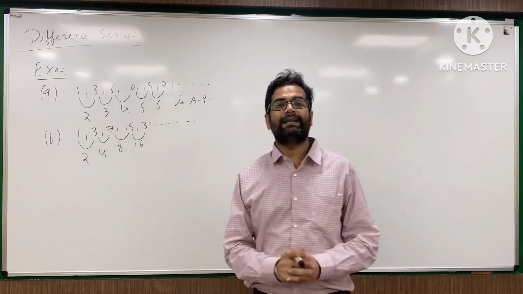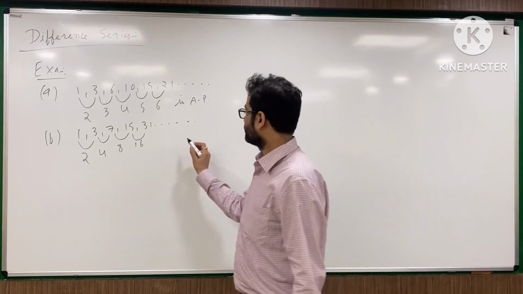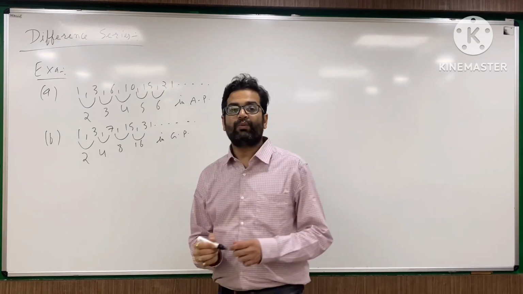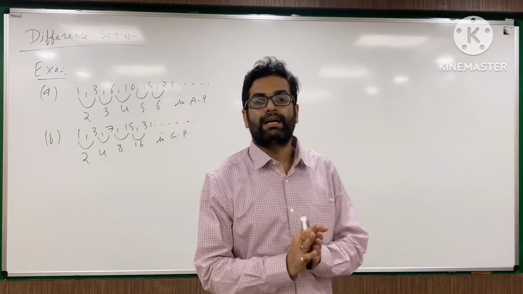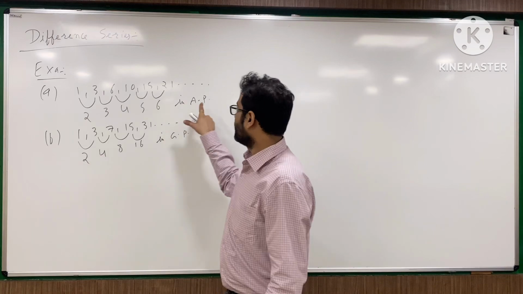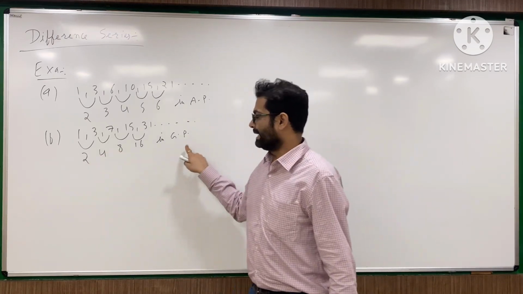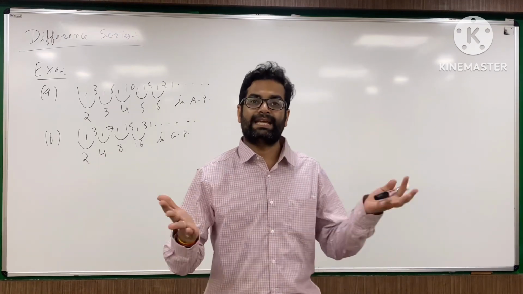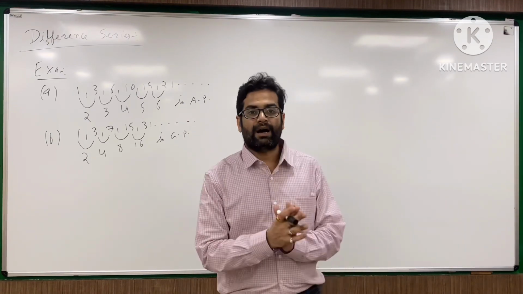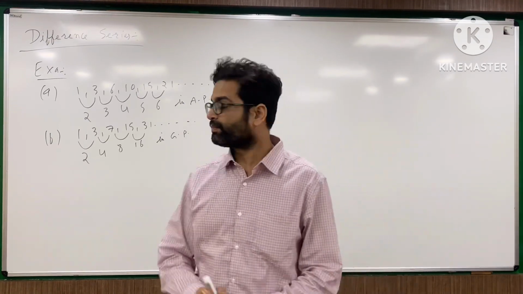These terms are in geometric progression, in GP. So we can say this is an example of different series. When the differences are in arithmetic progression or in geometric progression, then we can say the series are different series.